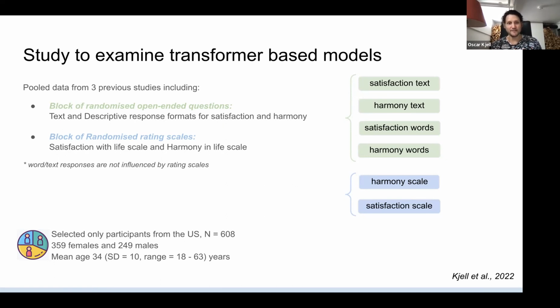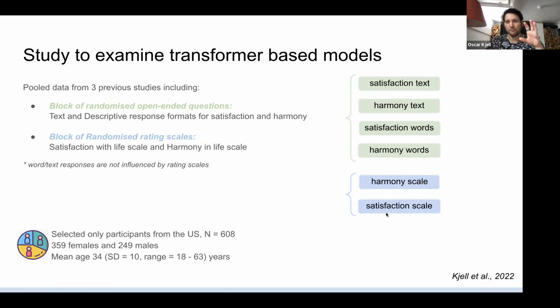So the first thing we did was we took some old data, pulled together 3 data sets where respondents had described both their harmony in life and satisfaction in life with both text and word responses. And in all 3 studies, they started doing this in a randomized order.